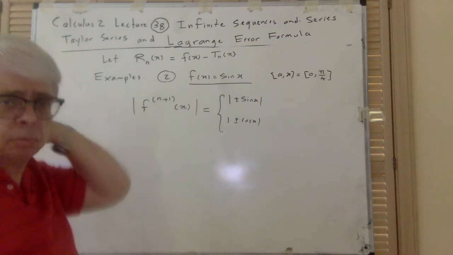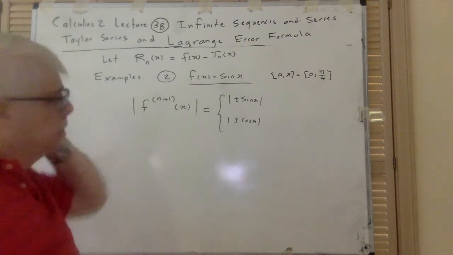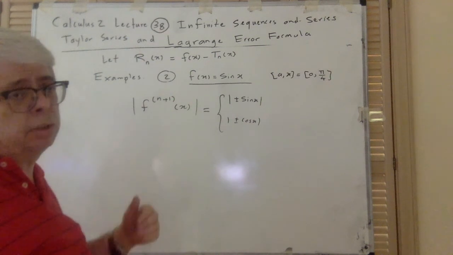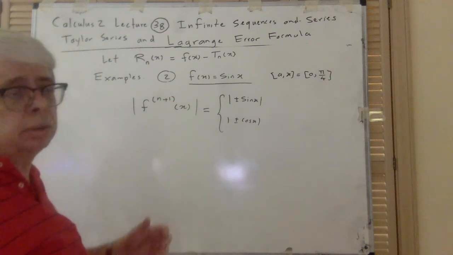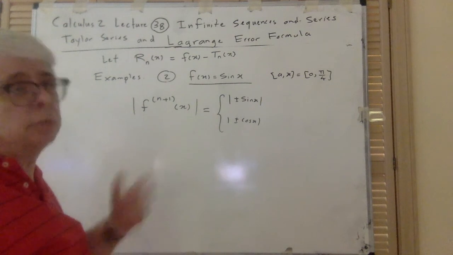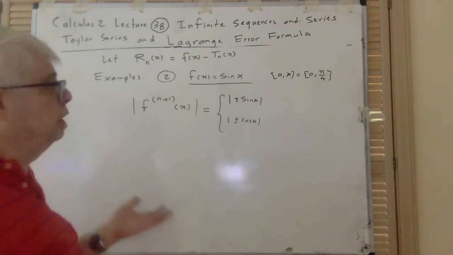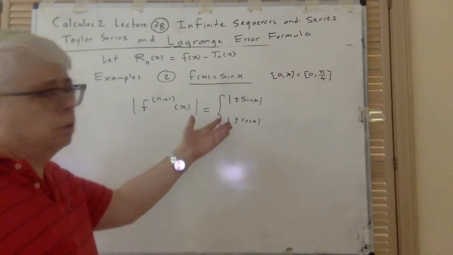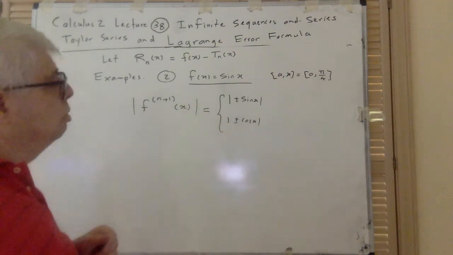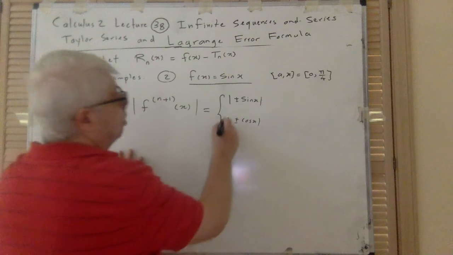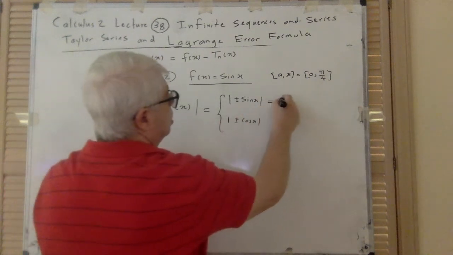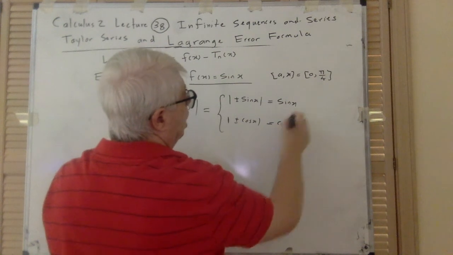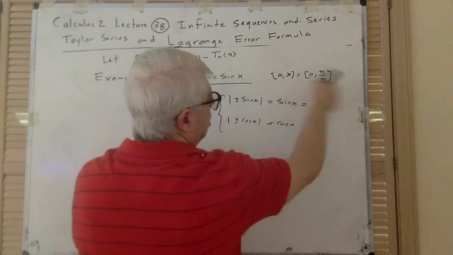One of them, absolute value. See, when you find the derivative of sine, you get cosine, then minus sine, then minus cosine, then sine, and so on. So you either get sine or cosine with either plus or minus. Since I'm finding the absolute value of this, this is either just sine x or cosine x. And what's the maximum value?